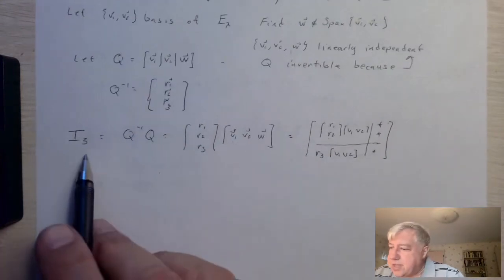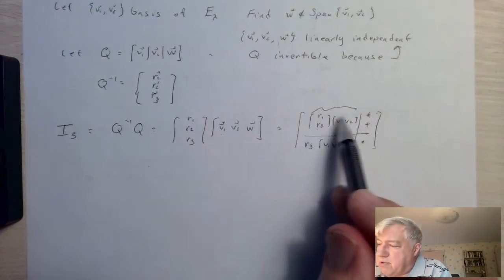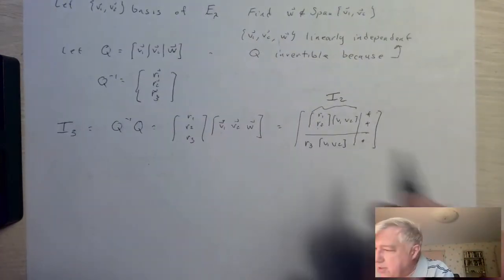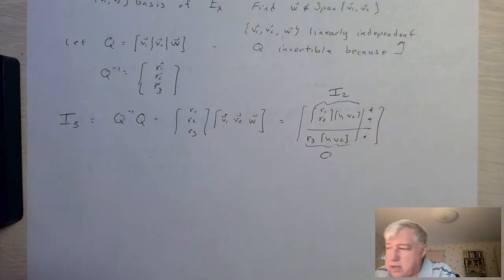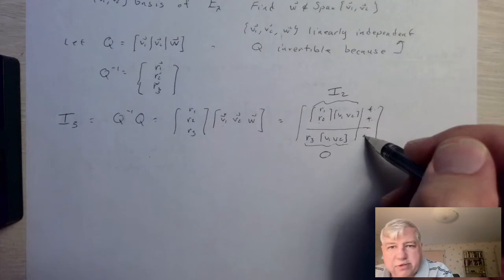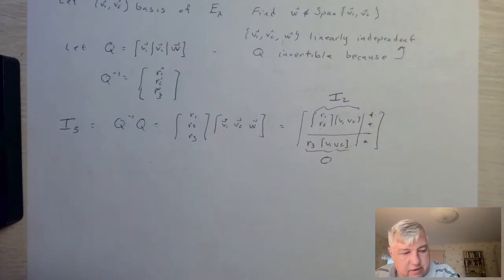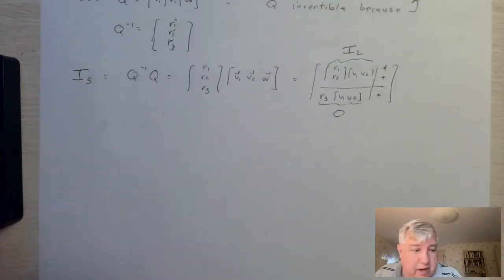But because this is the identity matrix, this is really just going to consist of 1, 0, 0, 1. So this is just the identity matrix I2, and this is just going to be zeros everywhere, with 0, 0, and 1 here. Okay, so that's one thing to keep in mind. Now let's look at AQ.